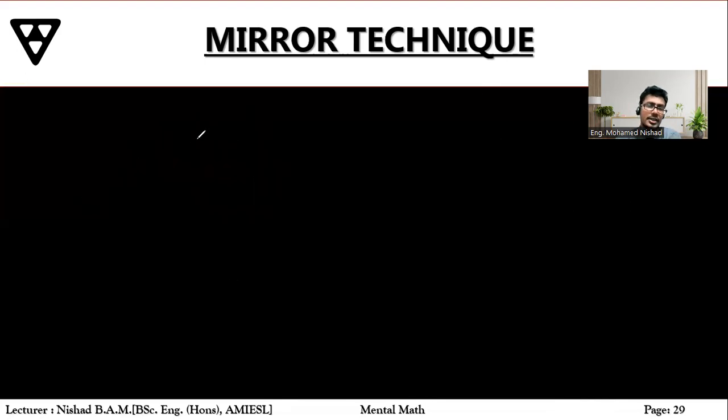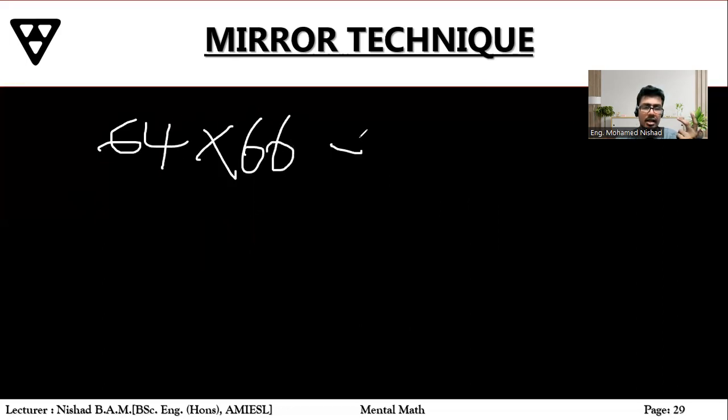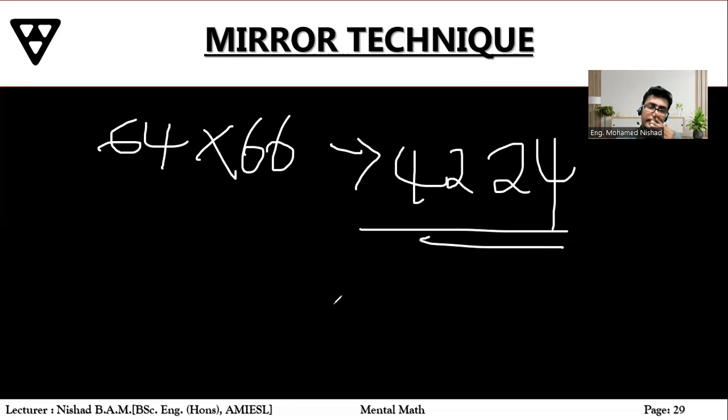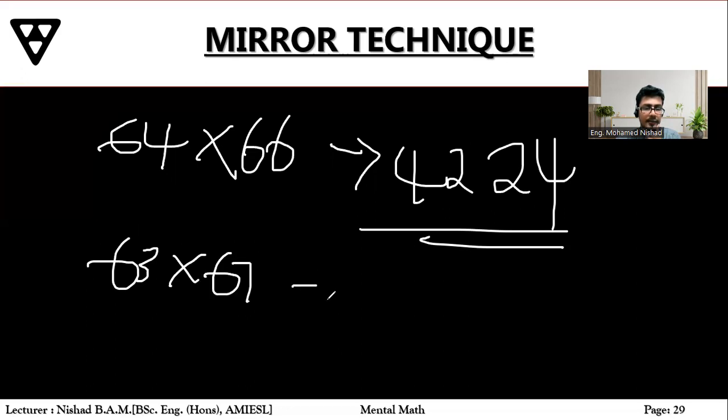Okay, so how much will it be for 64 times 66? How much will it be? 24, 42. Is this correct? And how much is for 63 times 67? Same.